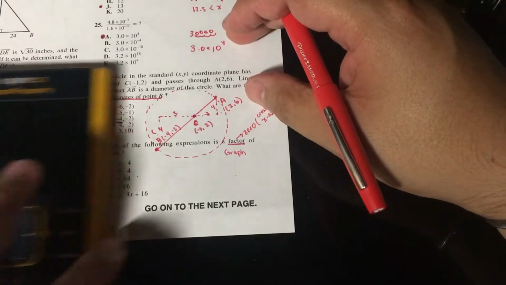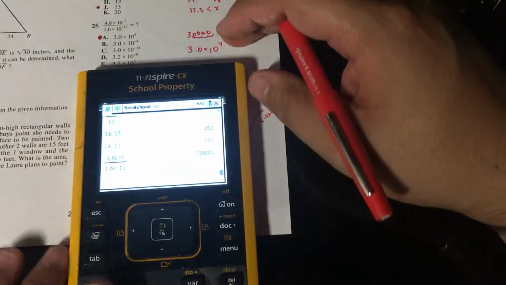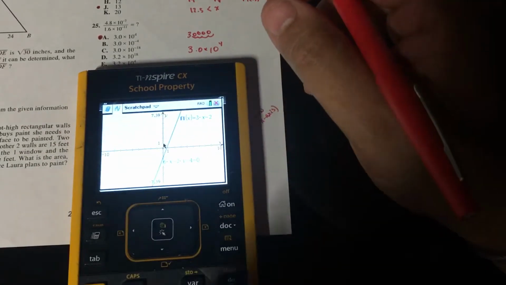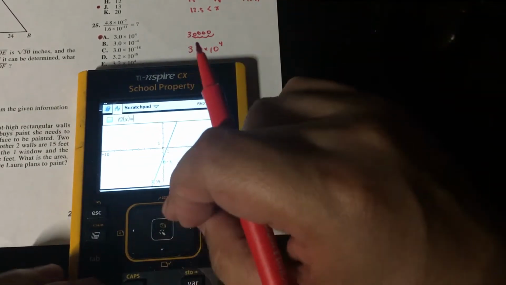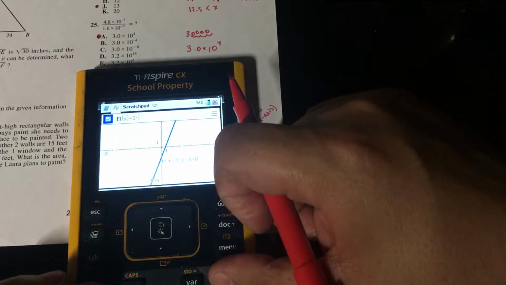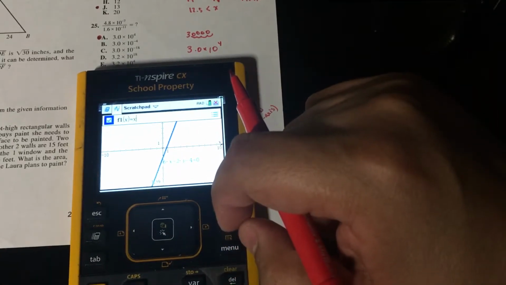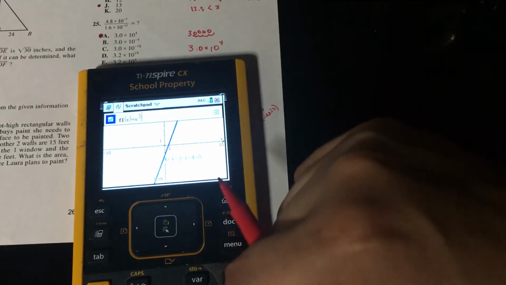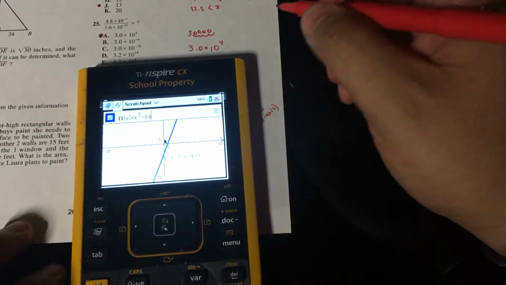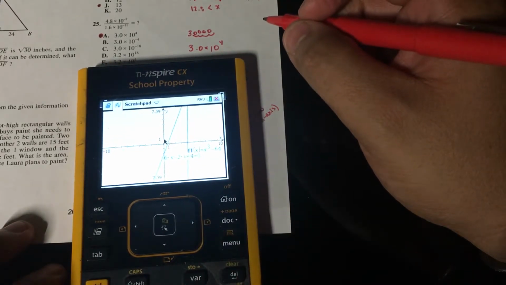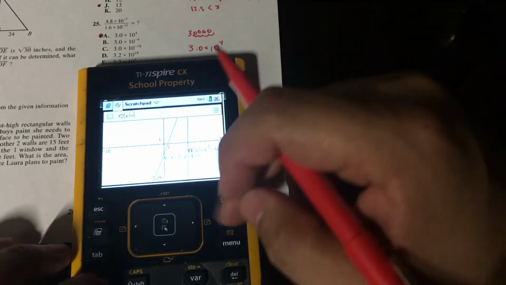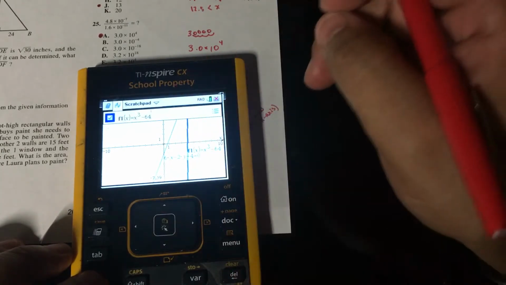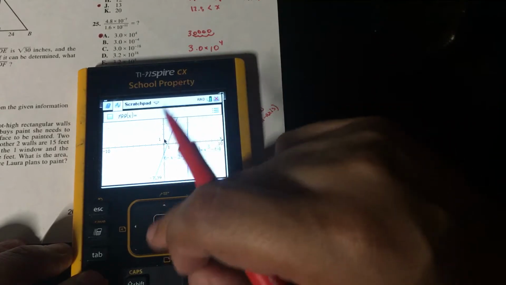Okay, so if I do that, let me go ahead and just graph that real quickly. So I plug it in, x cubed minus 64. Oh, what happened here? What's this other line?